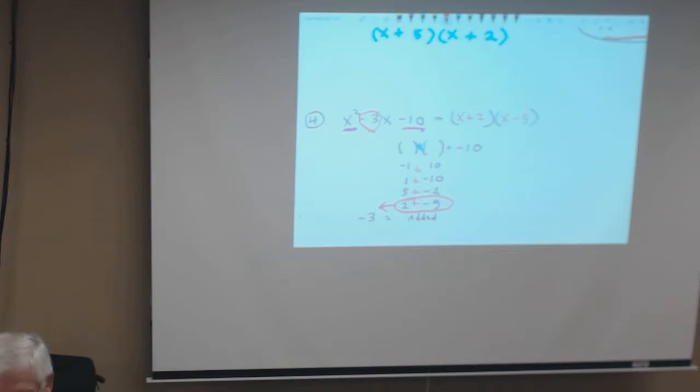This is disgusting, isn't it? If you don't like hunting around to find this stuff, if you just go factoring trinomial calculator, it will let you plug in the numbers.